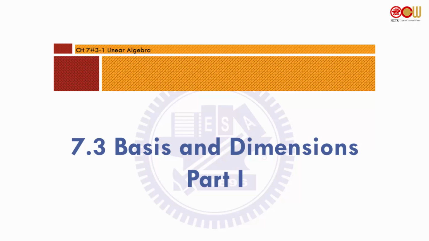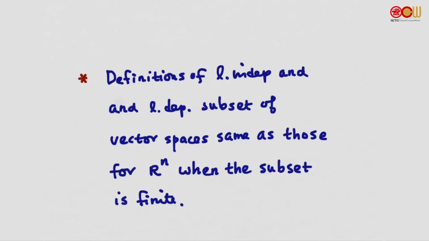7.3 Bases and Dimensions. The content of 7.3 roughly corresponds to that of Chapter 4, where we talked about the bases and dimensions, and also 1.7, where we have discussed linearly independent vectors.